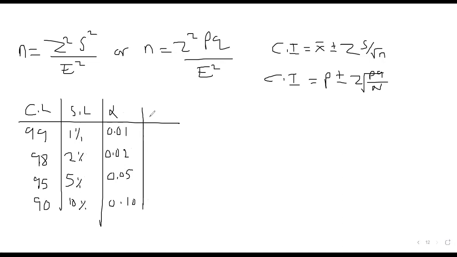The Z for a two-tailed test, in this case, for this one will be 2.58 or 2.57. This one is 2.33. This one is 1.96. This one is 1.64.